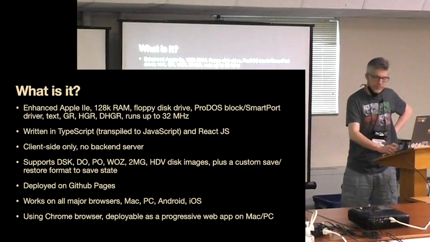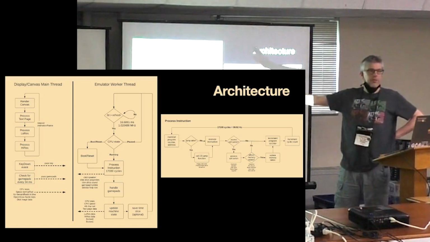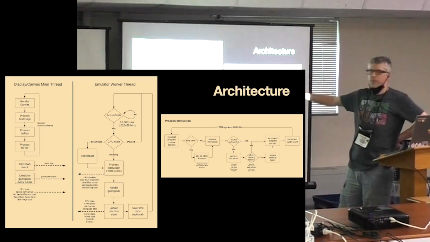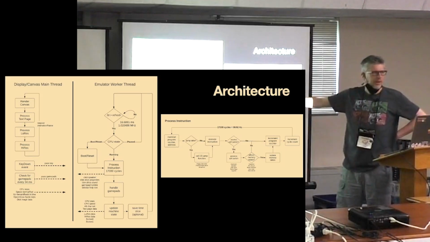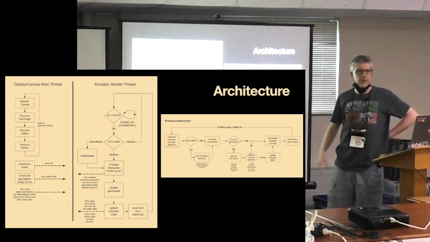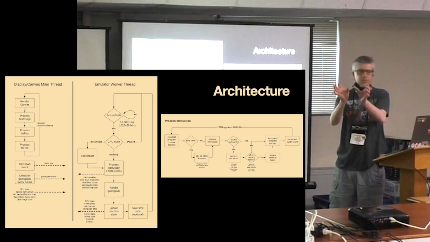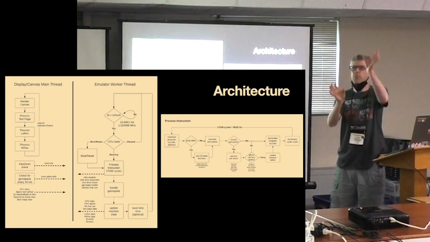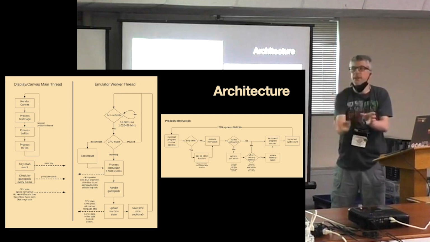Kind of going fast, but I'm not going to go through the architecture. The main point I wanted to make is, maybe there are two points. One is that it's somewhat organized, and I've tried to do things the right way. For an emulator, you kind of have two pieces. One is the display portion, and the other is the actual 6502 itself.